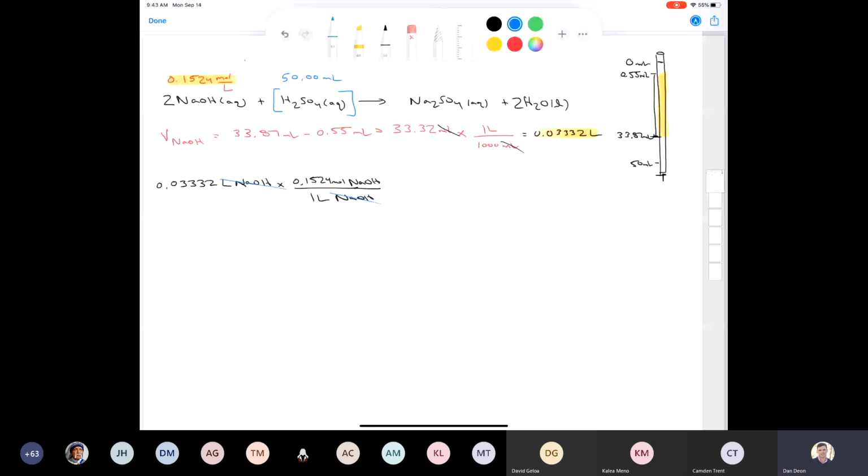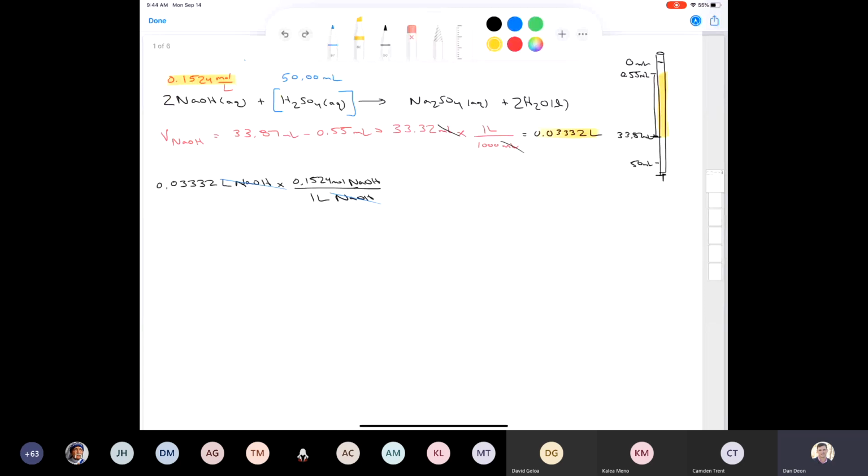Not a trick question. Right, we're going to have to go to the balanced equation. Exactly. Because we know the ratio of sodium hydroxide to sulfuric acid is 2 to 1.